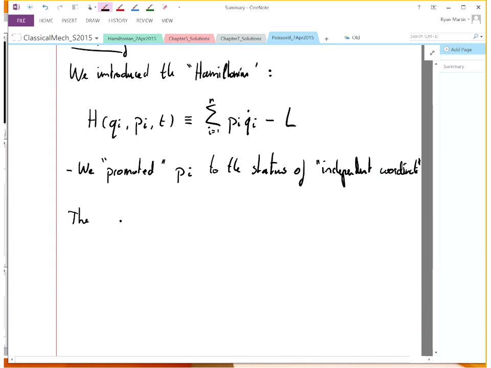Thus, the equations of motion are given by what's called Hamilton's canonical equations.